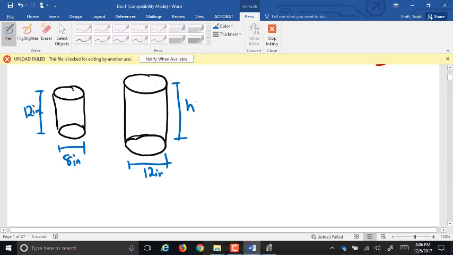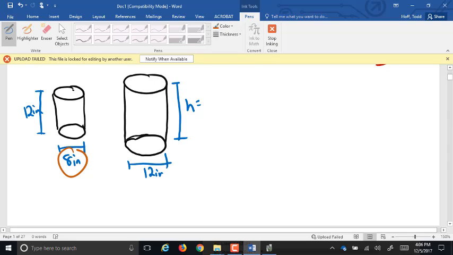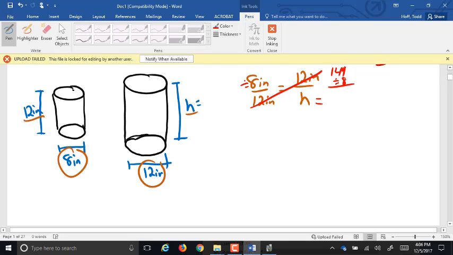What does this height have to be? Well, the diameter went from 8 inches to 12 inches. So 8 to 12. The height went from 12 inches to h. We cross multiply 12 times 12 is 144. Divide by 8, which is going to be 18. So that height is 18 inches.